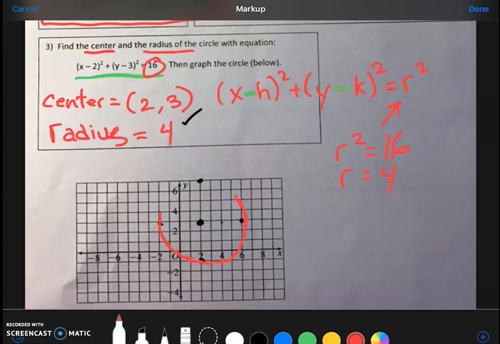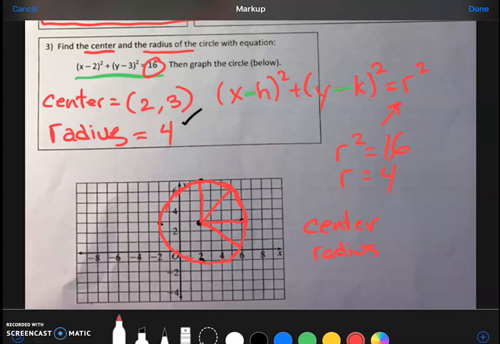Whoops, I went a little bit past that, where it kind of looks like a circle. It's 4 units this way, 4 units this way. At any point, it's 4 units. And that's how you graph it. Graph the center and then move 4 spaces from it, called the radius.